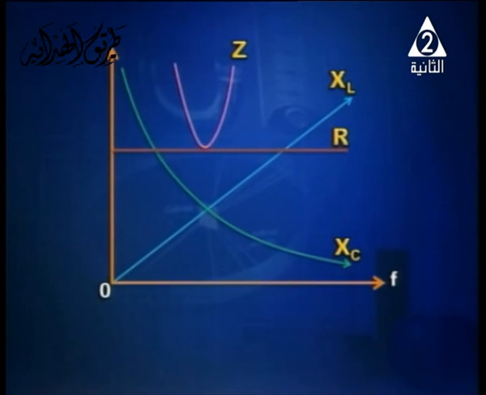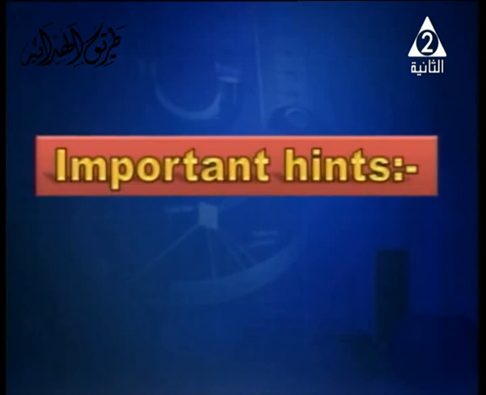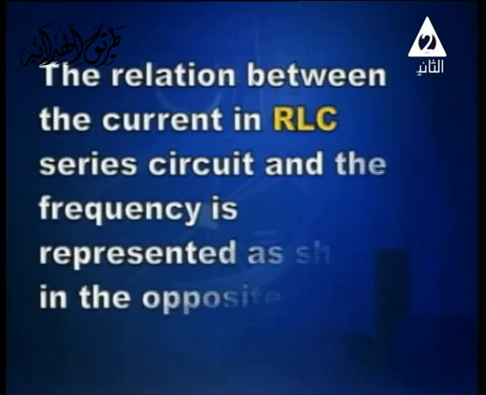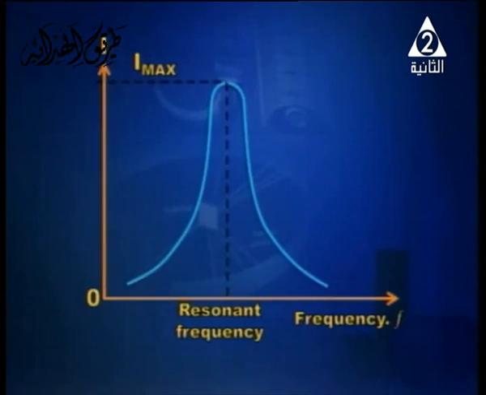Relation between impedance and frequency. And we've got something very important: the resonant frequency, at which XL is equal to XC. And now we've got important hints. The relation between current in the RLC series circuit and frequency will be represented by a graph which is completely the opposite of the previous.